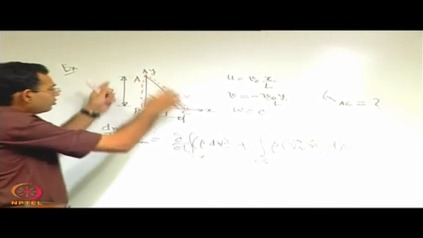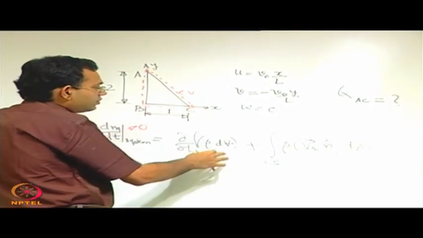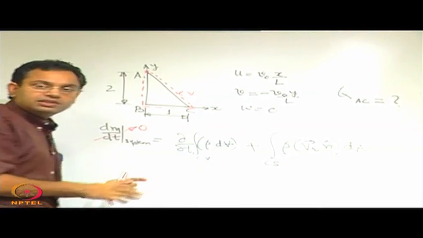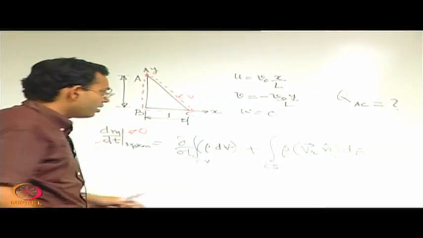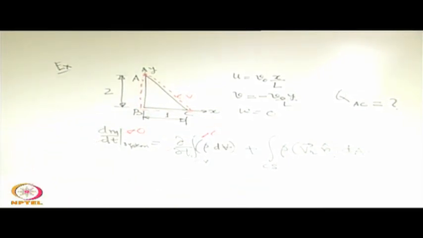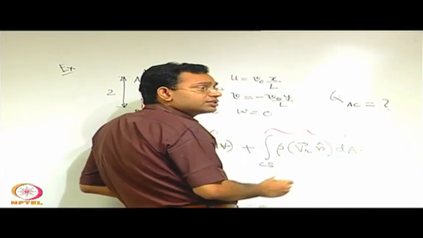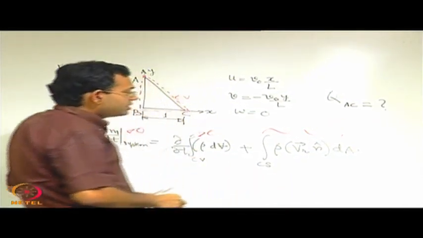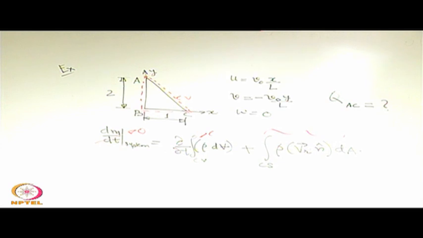So, this triangular shaped thing is a fixed control volume, the volume of that is not changing with time. So, it is not a deformable control volume, neither the density is changing with time. So, this term goes to 0. So, what remains is this net term, which is nothing but basically the net rate of outflow minus inflow of mass equal to 0.